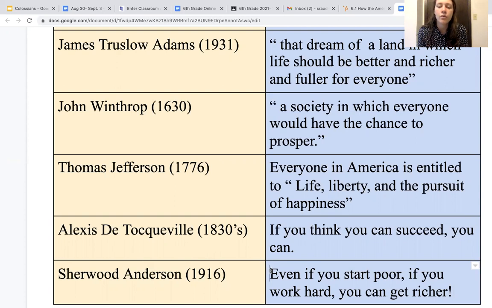Even if you start poor, if you work hard, you can get richer. I want you to put a star by that if you think it's true. I want you to put an X by that if you think it's not true. And it's okay, you can have your own opinion, but be ready in our Zoom meeting this afternoon to defend your answer if you think it's true or if you think it's not true.